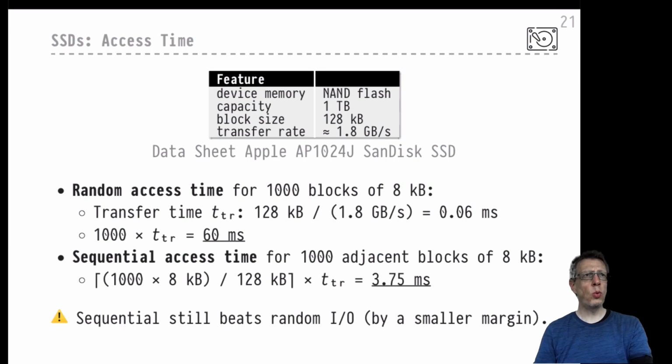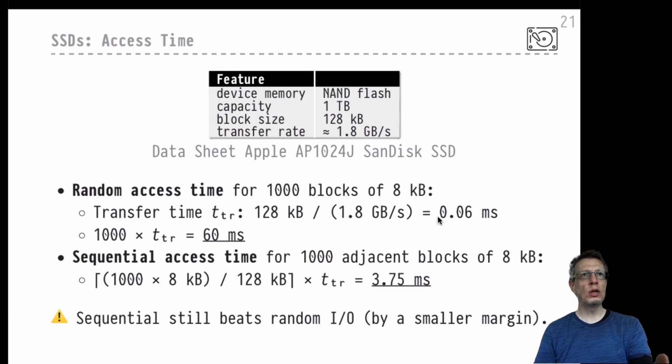Okay, so what now? What about the random access time for 1000 blocks of 8 kilobytes? Okay, so there would be no seek time and rotational delay. All that we have to endure is the transfer time. We can transport 1.8 gigabytes per second. We only have to move 128 kilobytes. We cannot move less.